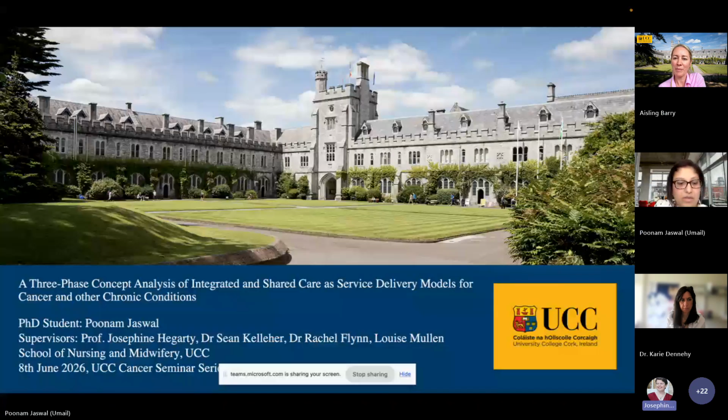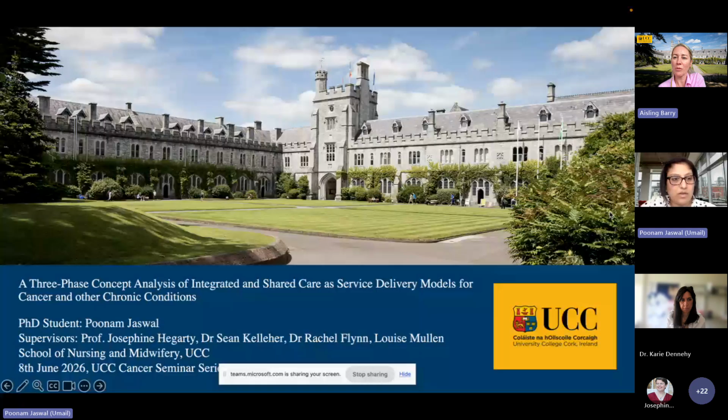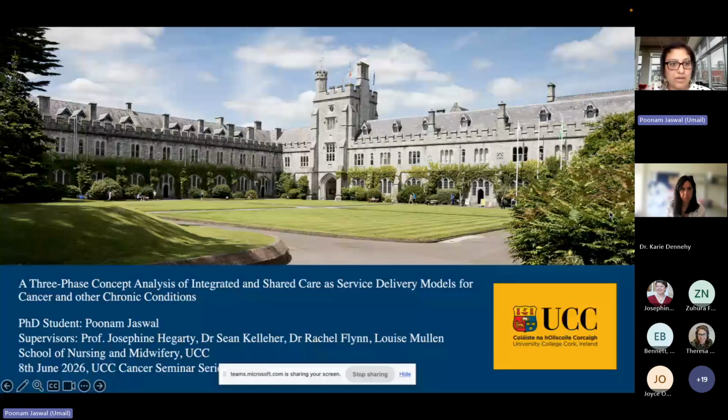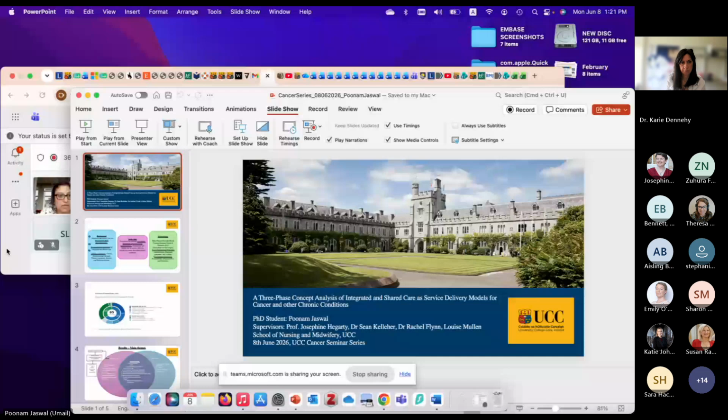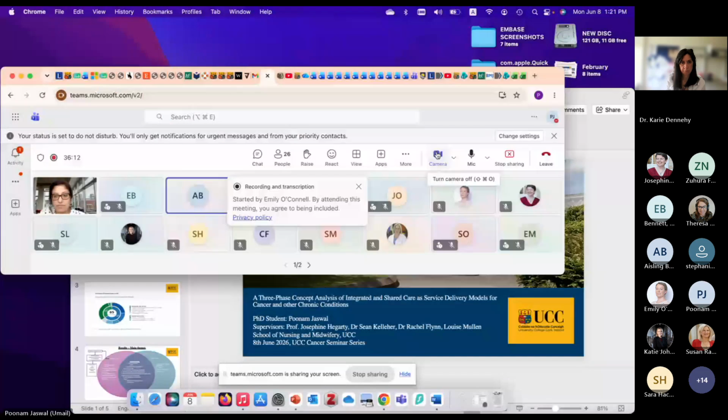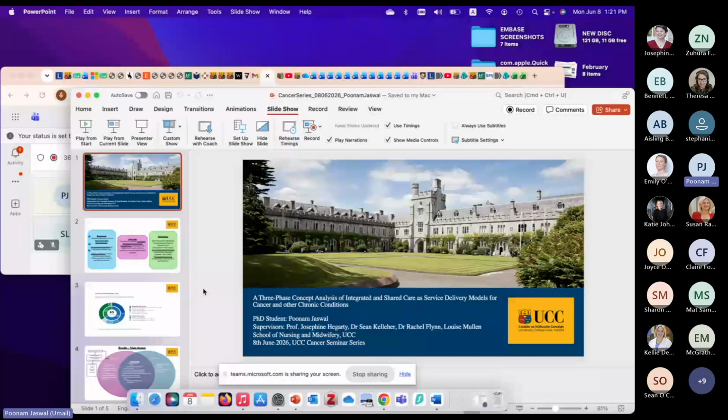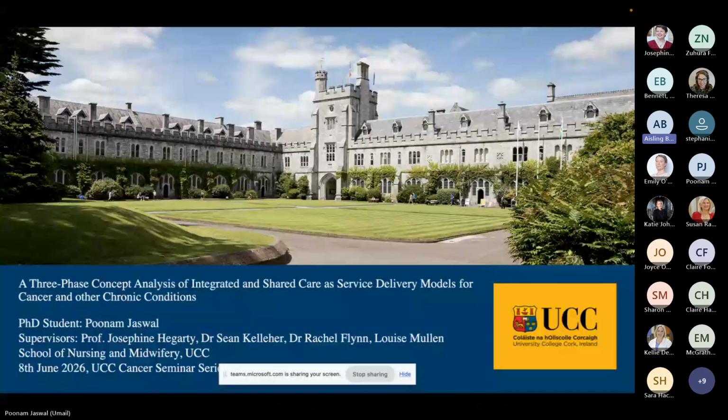It might just preserve the Wi-Fi if you're connecting in from somewhere where the Wi-Fi is dropping a bit. It might help. Sorry, Ashley. No, you're fine, Josephine. Can you still see my screen? Yeah, we can, but it's gone out of presentation mode. So now it's back again.